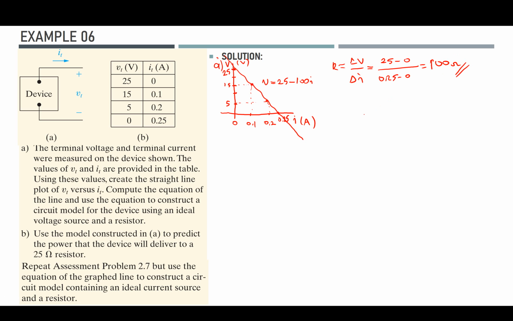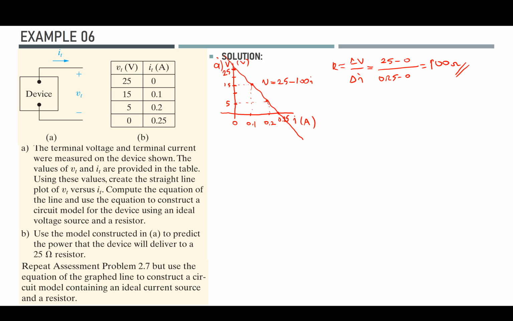And when I look at the circuit data, I observe that when the current is 0, the voltage is 25 volts, as you can see from the graph. So when there is no current flowing out of or into the circuitry, I can measure 25 volts, which means that I shall have a 25 volt source inside, and I have already calculated the equivalent resistance as well.